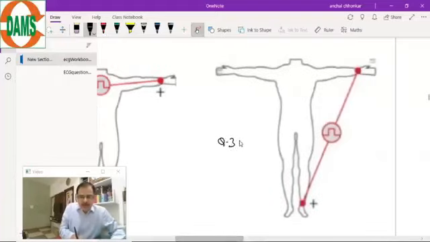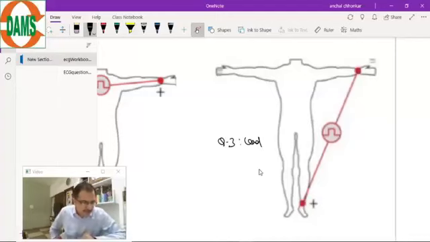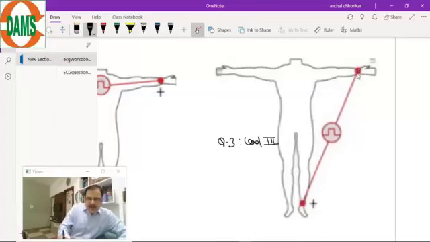Question 3. Yes, it is lead 3. Positive pole left lower leg and the negative pole is on the left upper limb.